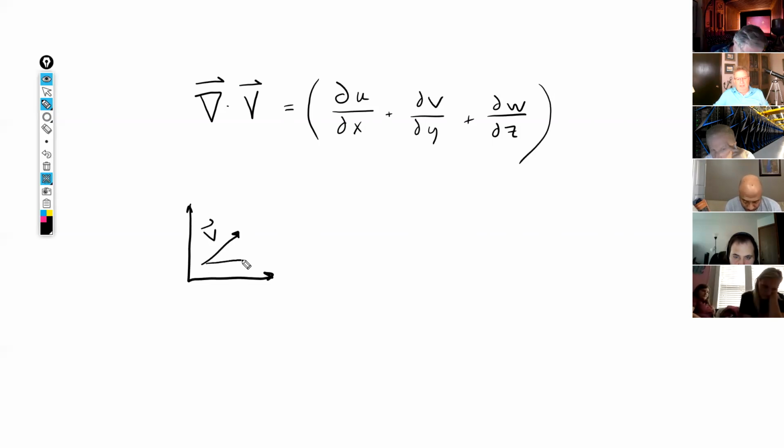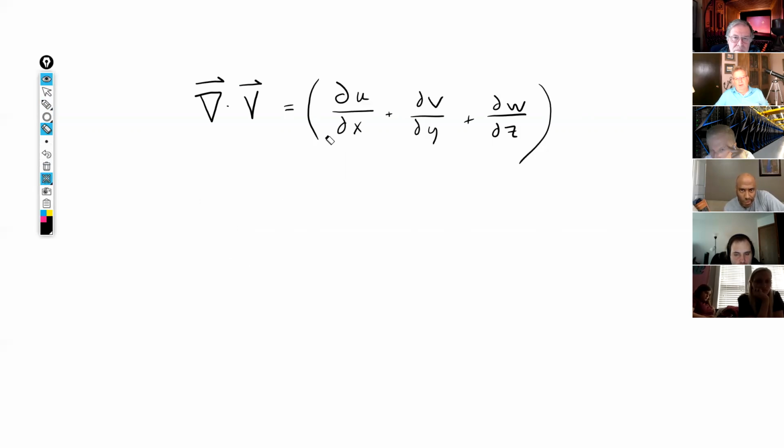That velocity is equal to u plus v, the x component and the y component. How does this velocity vector change as I go this way? v's not changing as I go that way, but u is. So this is the change in the velocity with respect to x, which is only u. So all I do is plug the u, v, and the w in there.